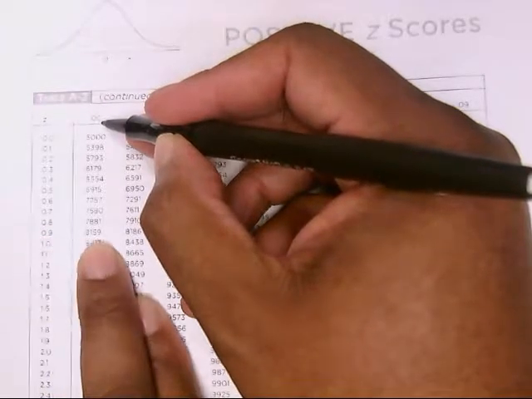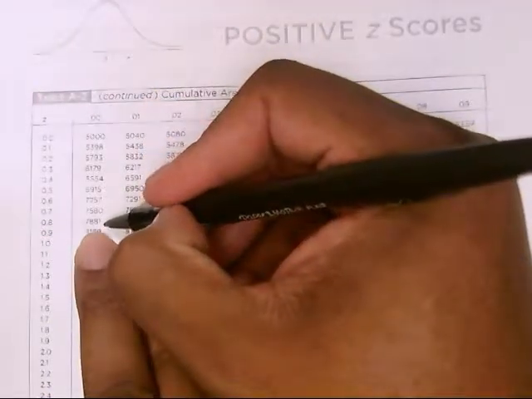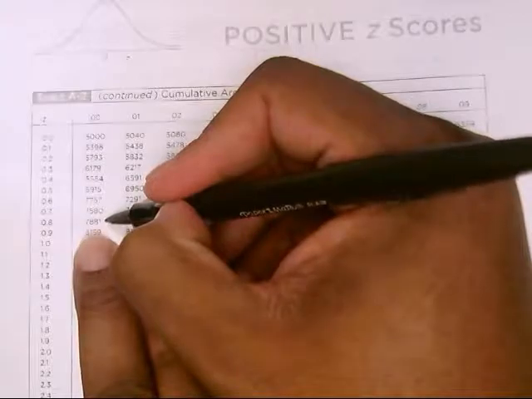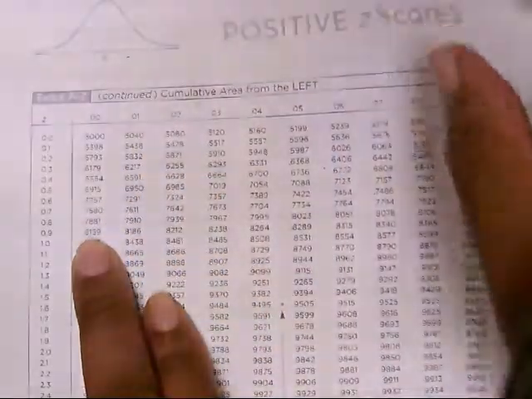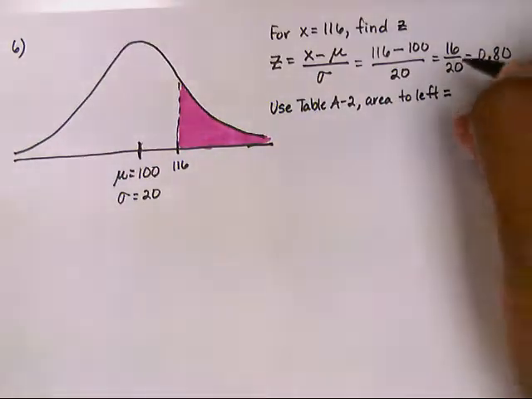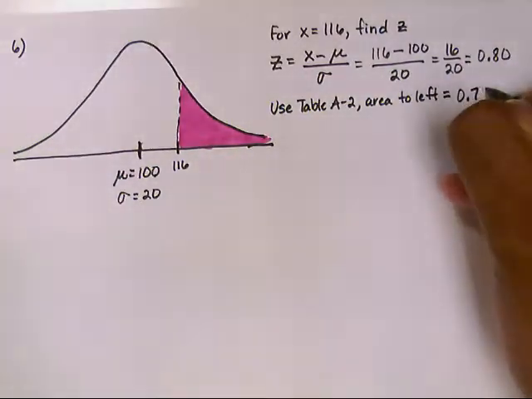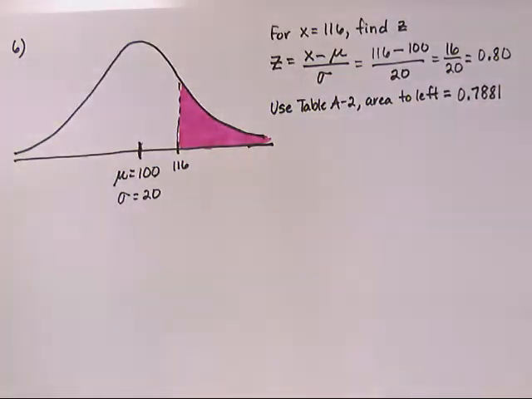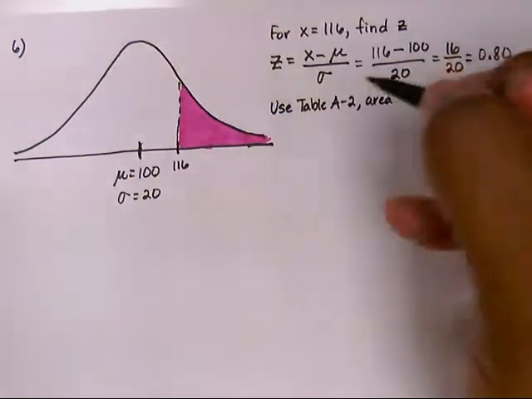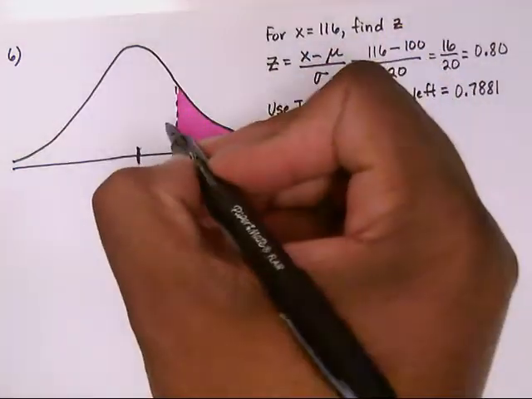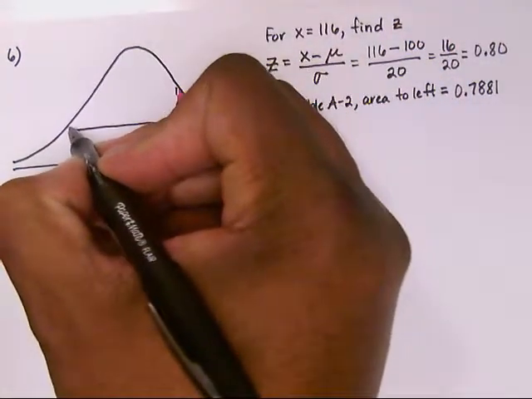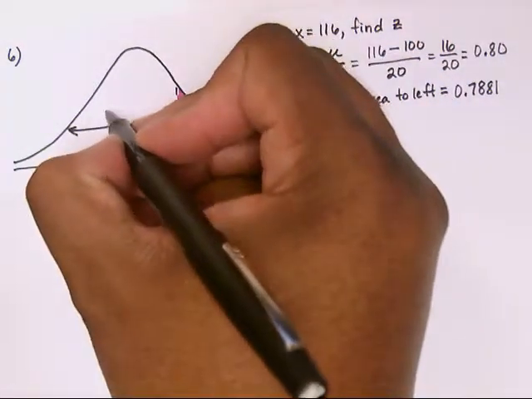So 0.8 and then 0.00, that value will be 0.7881. So the area to the left will be 0.7881. Now, that's not the probability of x being greater than 116. That 0.7881 is this area to the left.